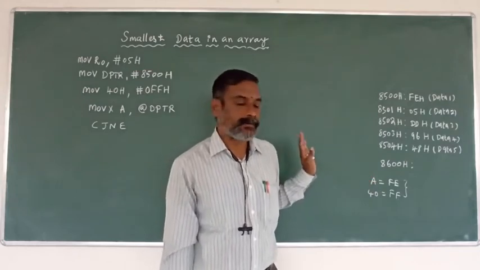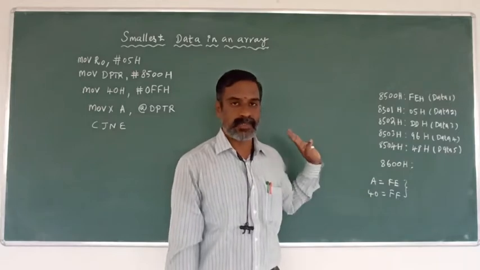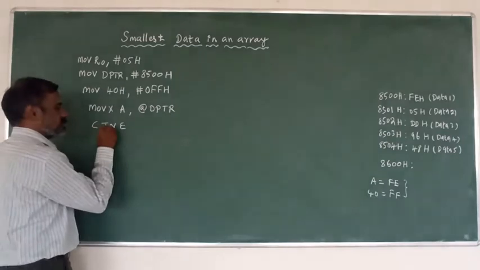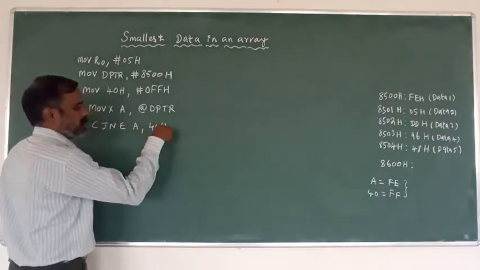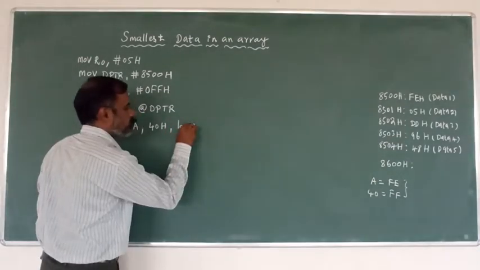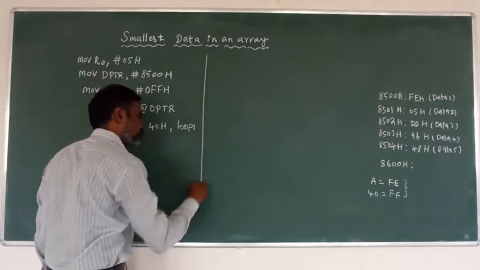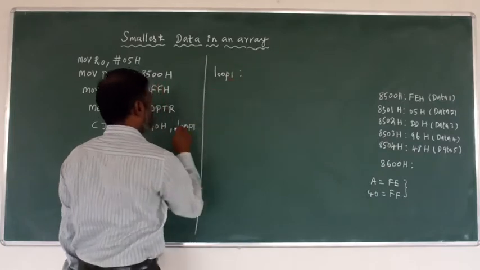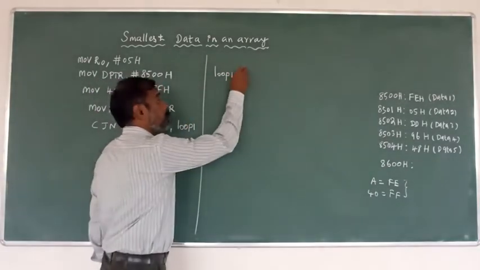Which data do we have to compare? The accumulator with the internal memory address location data. For that we use CJNE A, 40H, and jump to where? Jump to the given loop 1. Jump to this address location.